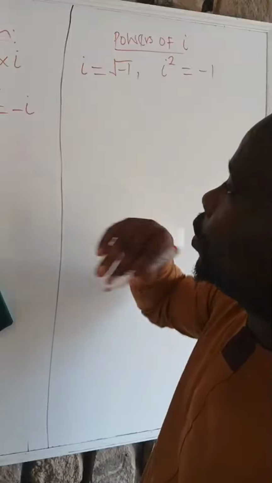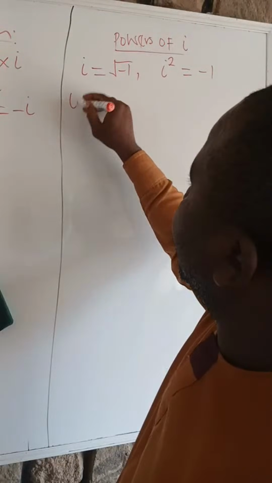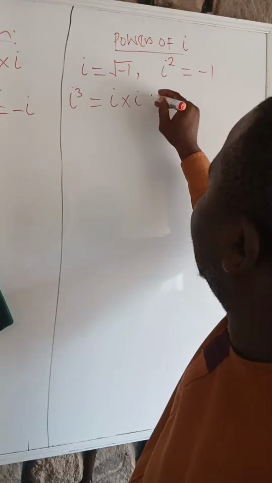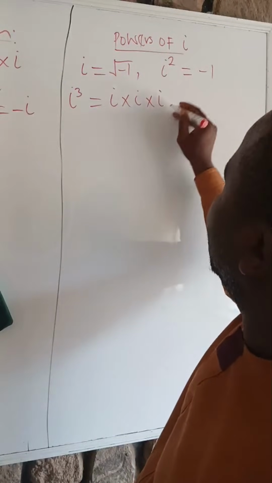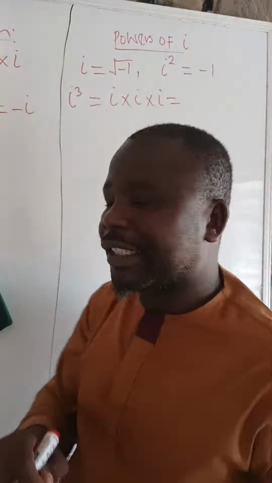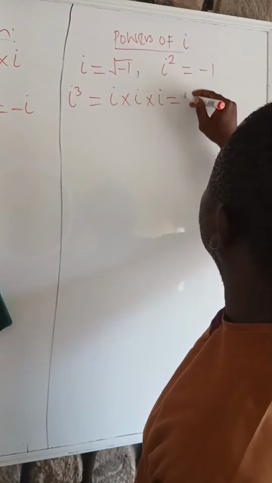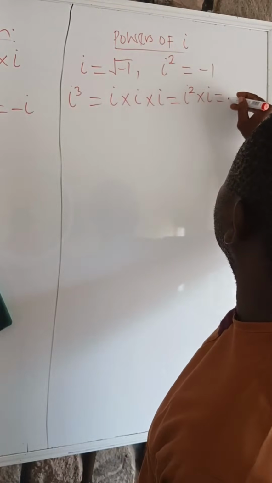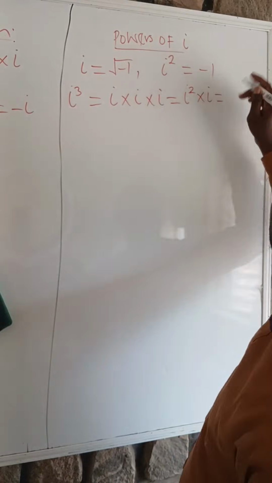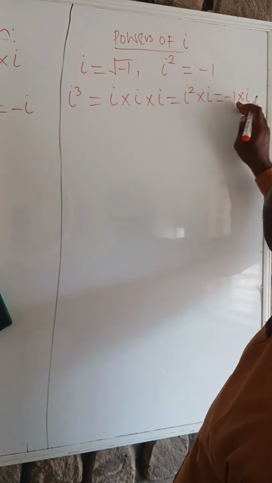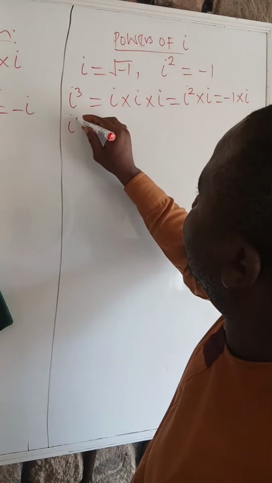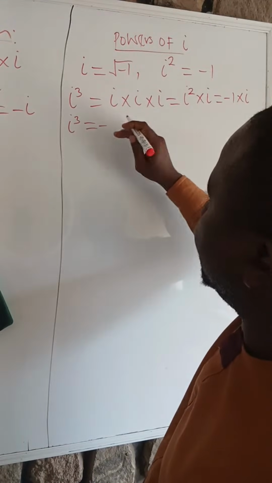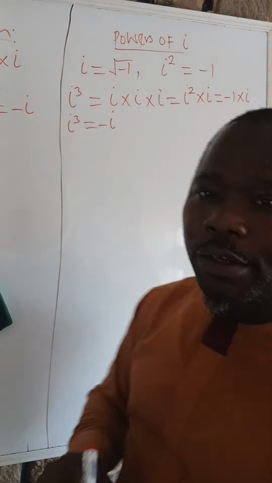Okay. So now, assuming we have i raised to the power of 3, this is the same as i times i times i. Of course, you and I know that we can reduce this in this form, i raised to the power of 2 times i. Then i raised to the power 2 is minus 1, times i. So minus 1 times i means i raised to the power of 3 is equal to minus i.